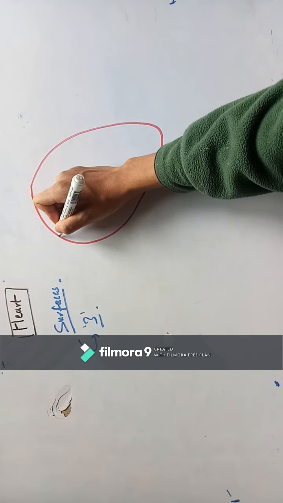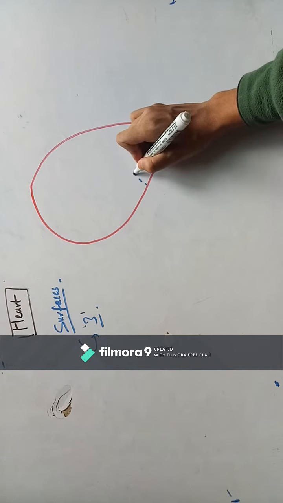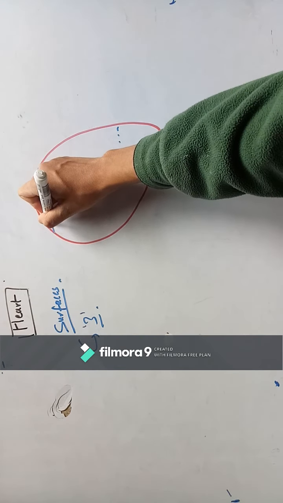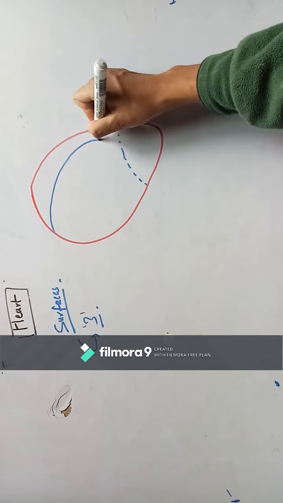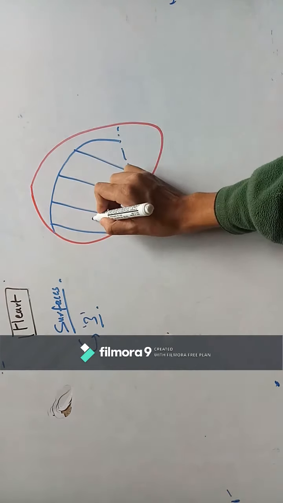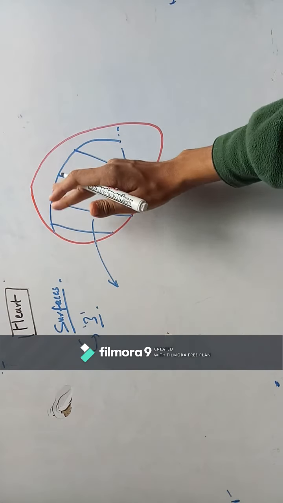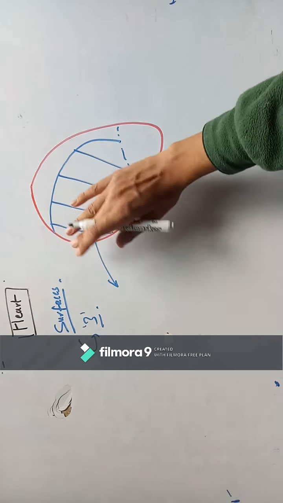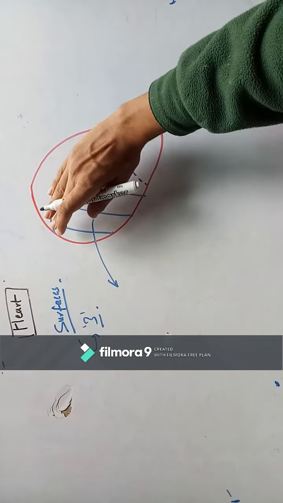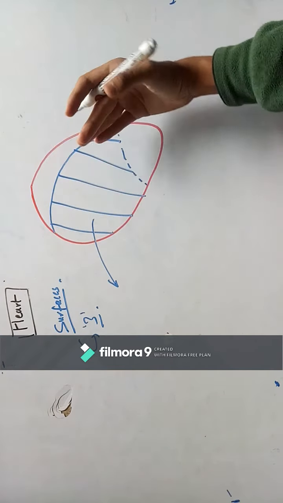So this first surface, we'll draw this inferior border first. This first surface is like this. So this surface is towards the right side, and goes all the way to the middle, and it also crosses the middle of the anterior surface.